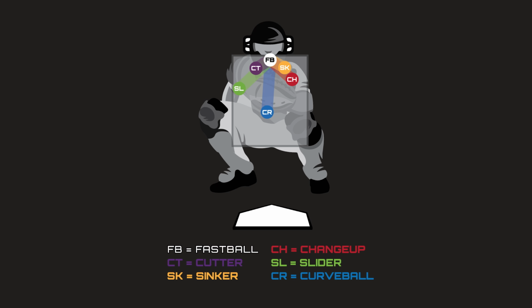Even worse results are throwing a slider that's tunneled off a high fastball. This is up and away. It's not only going to be breaking into the top of the strike zone and easy to lift into the outfield, but also when you start to throw breaking pitches high in the zone in general, they don't have as much sharpness. So you want to stay out of this area as much as you can, because you start to get behind your slider.